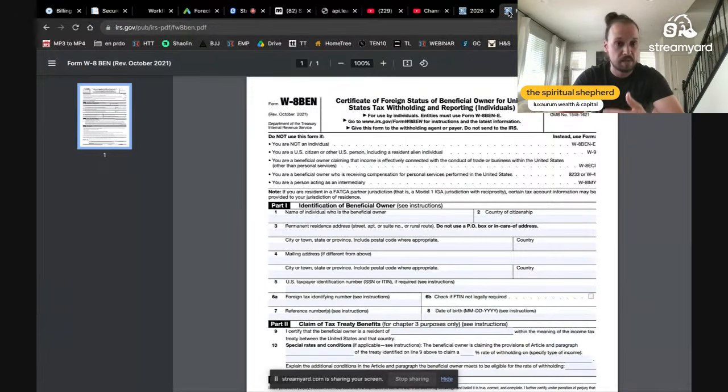The all caps name, which is their name for you. The all caps name is the thing that you see in the mail. So this is a certificate of foreign status of beneficial owner for this specific thing, so your tax withholding and reporting is directly connected to this.